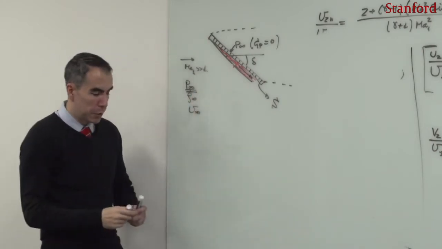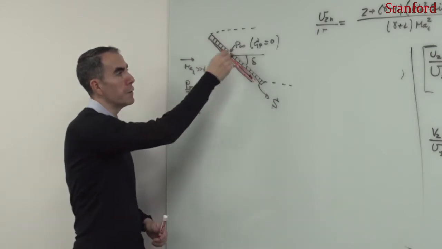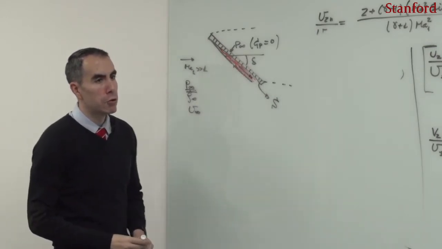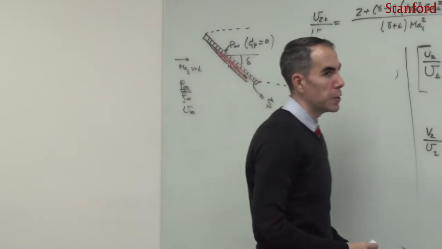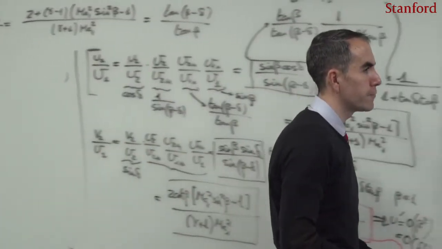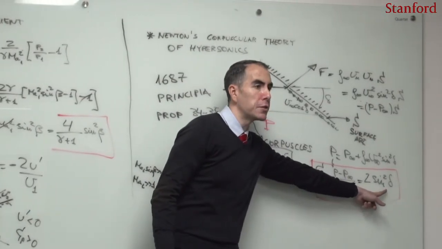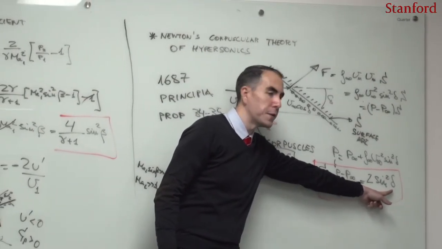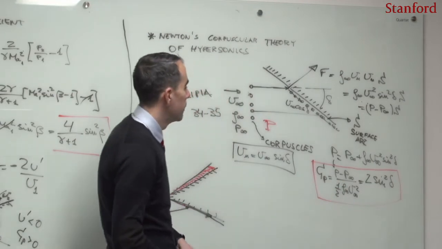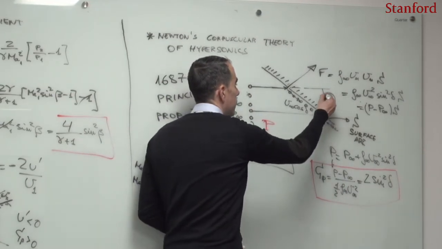The second thing that I wanted to say is that the calculation of Newton's pressure coefficient that you have here is only a function of the local surface inclination, delta.